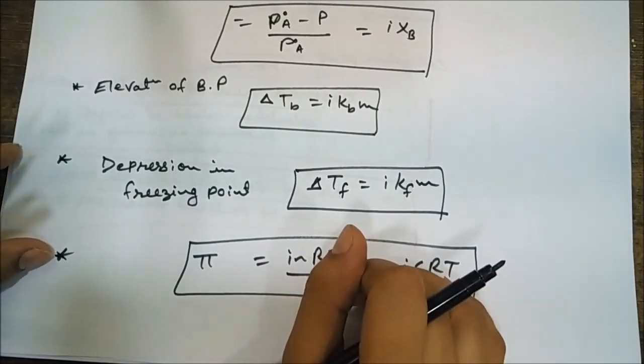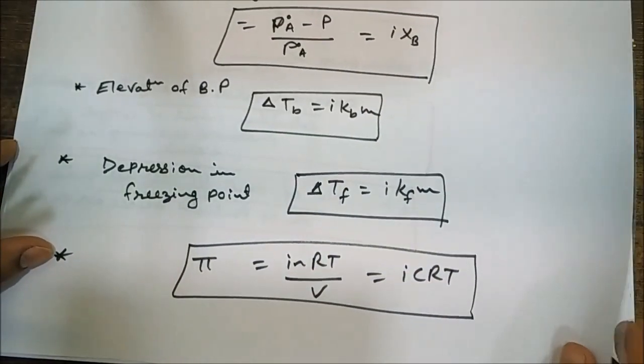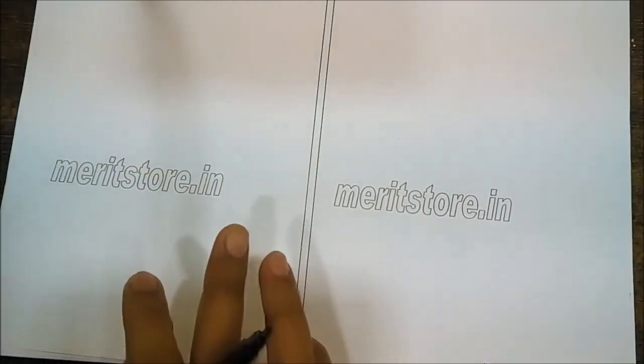From the value of i, we can calculate the degree of dissociation or association also.